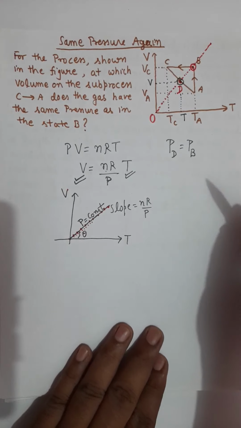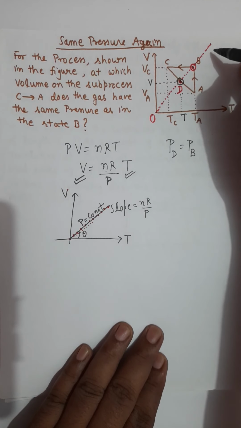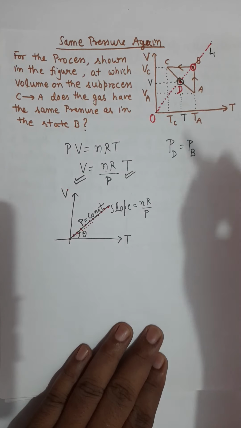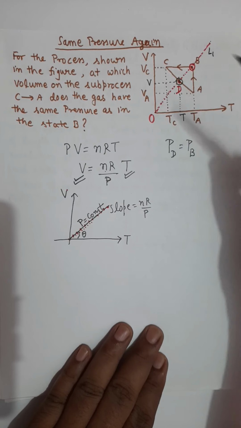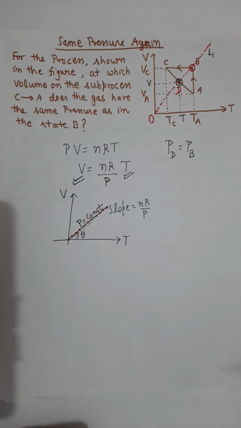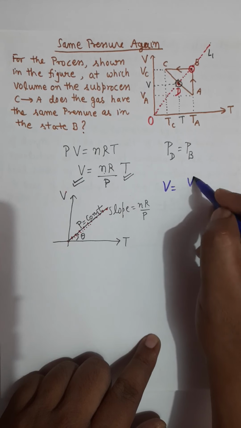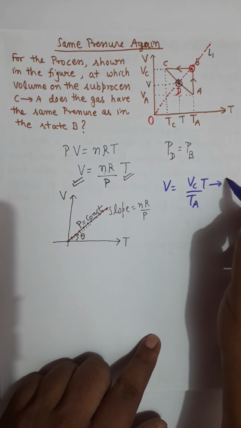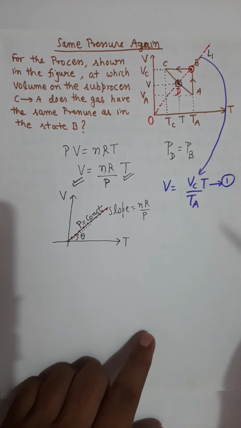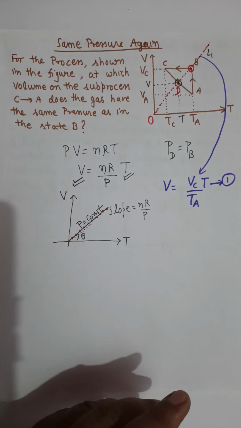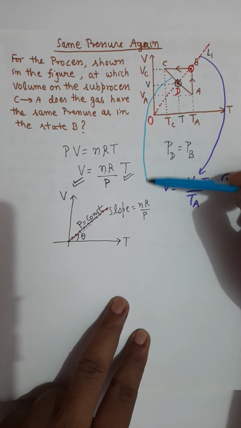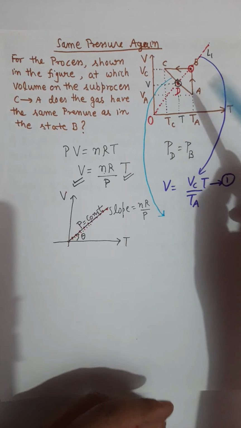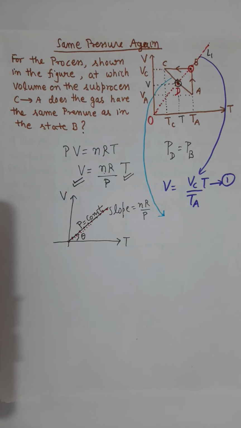Now we will do some mathematics. This line which is passing through the origin is line 1, and through mathematics its equation can be written as V equals Vc over Ta times capital T. You can also write the equation for the other line, from C to A, using the standard form of the equation of a line passing through two given coordinates.